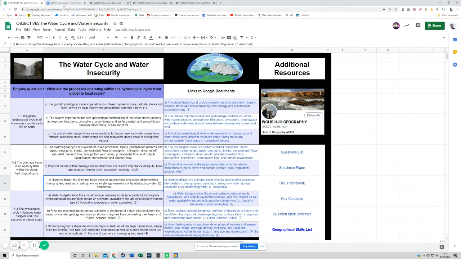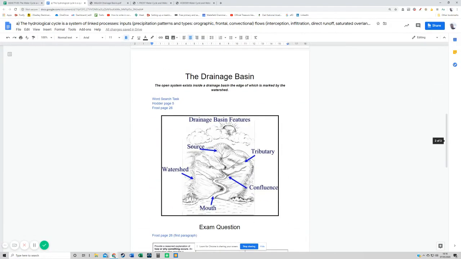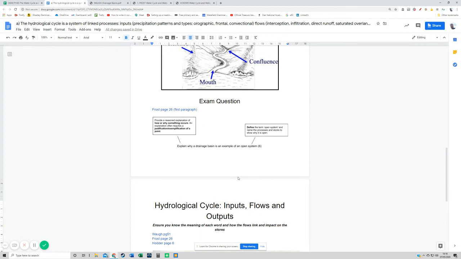So the key for A is to make sure you know what a drainage basin is and the different parts, so you can talk about them confidently. And that's given pretty well in your textbooks, and the crossword helps you remember those. Understand that this is an open system, going back to your previous notes and what we discussed earlier.